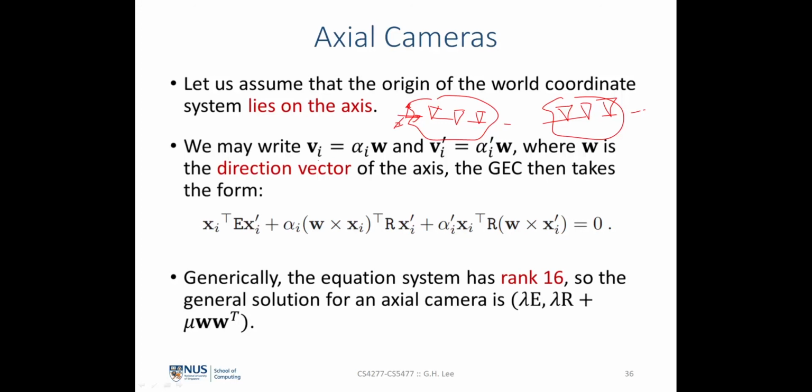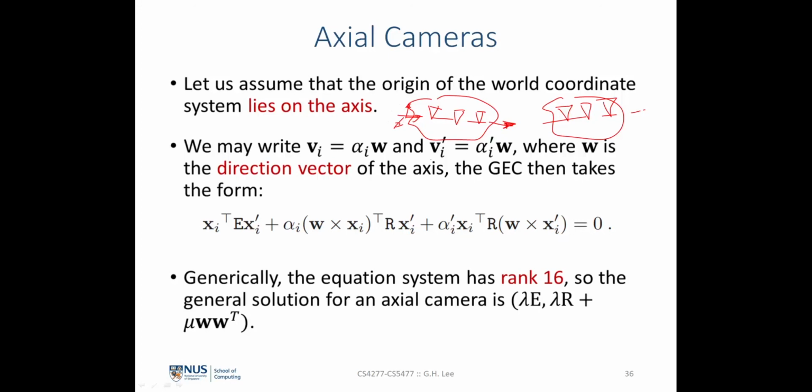Hence we may write the center of the cameras, which we denote as Vi, to be equal to alpha i multiplied by W, where W is the unit vector along this particular axis with respect to the origin or reference frame.